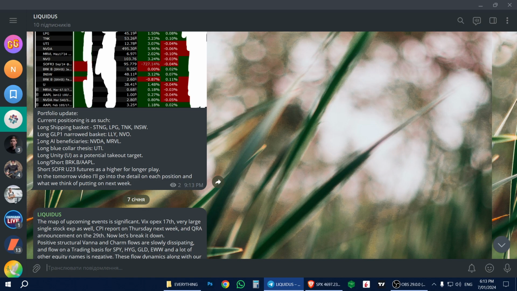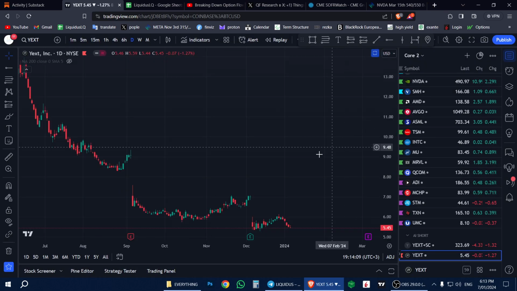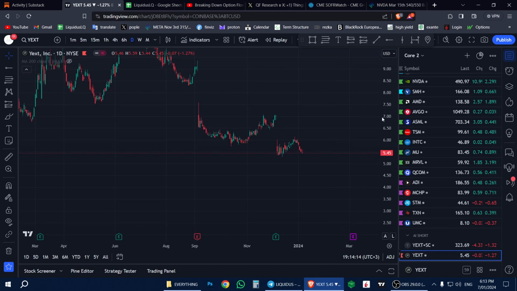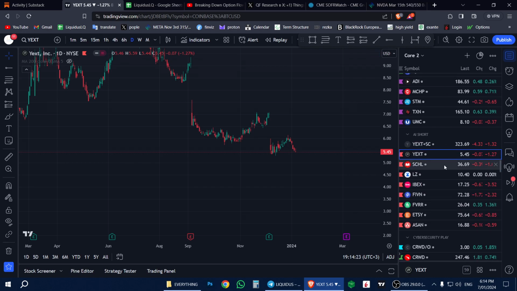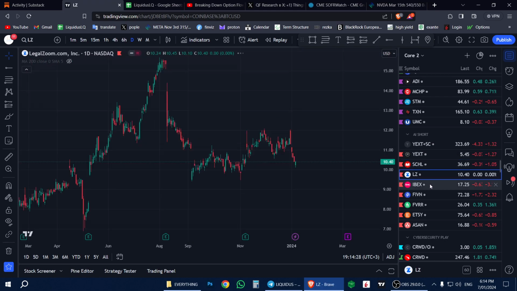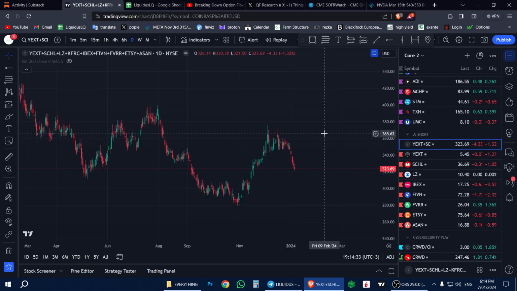In terms of the long AI beneficiaries, in that thematic basket, with the position that we began accumulating in those names that we discussed in the video, we think it is prudent, while SPX is exhibiting negative trade momentum and negative flows on the trading basis, to think of putting on 1 to 3 once again this short basket of AI losers.